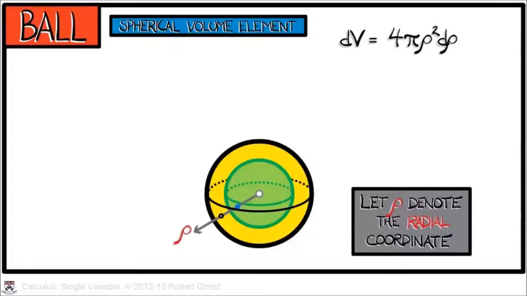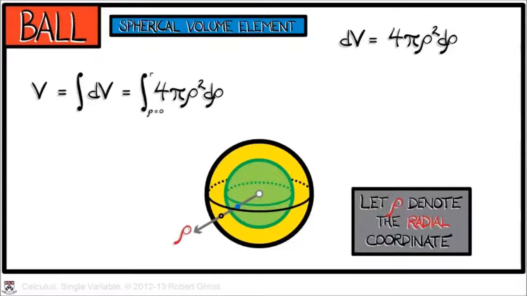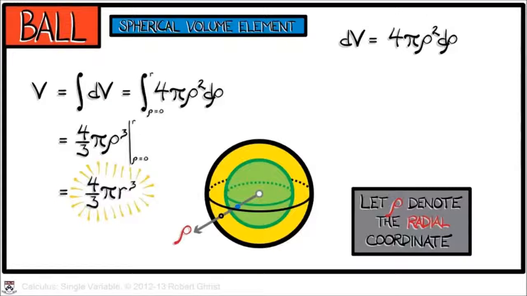Now, I'm not going to justify that computation other than to demonstrate that when we integrate it, as rho goes from 0 to r, we obtain most simply 4/3 pi r cubed. As rho goes from 0 to r, we have very easily the formula for the volume.